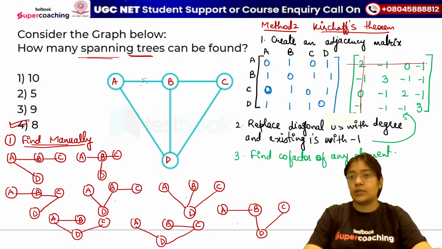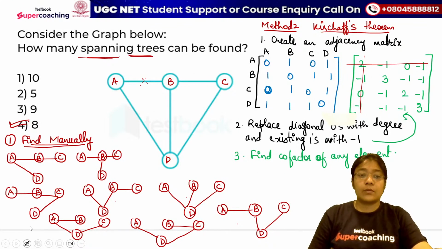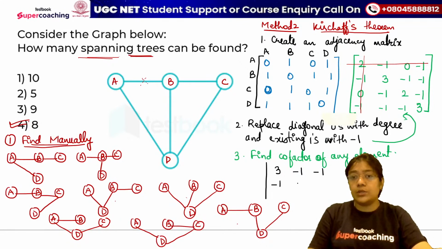So this row and this column will be discarded because 2 belongs to the first row and first column. So here we'll get the elements as 3, -1, -1, -1, 2, -1, -1, -1, and 3.